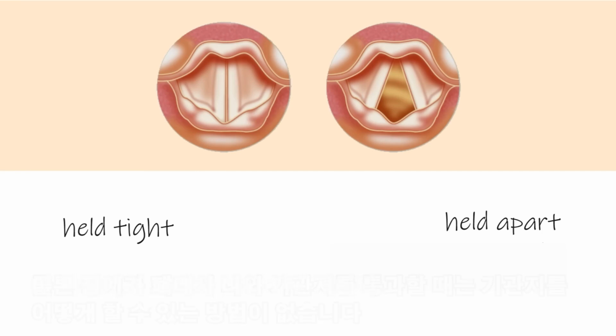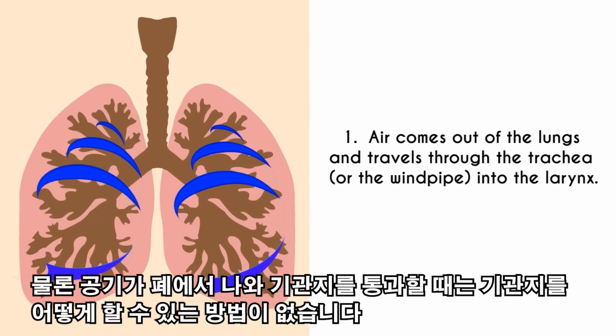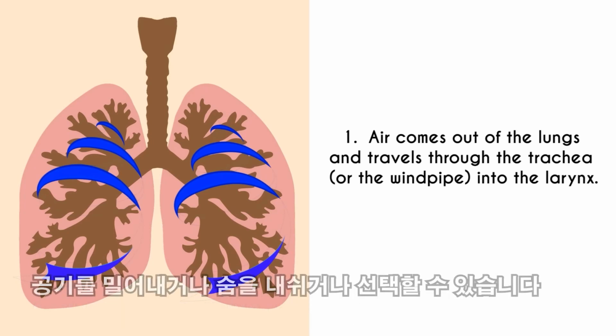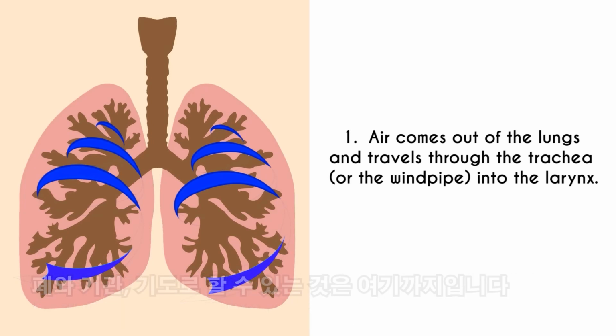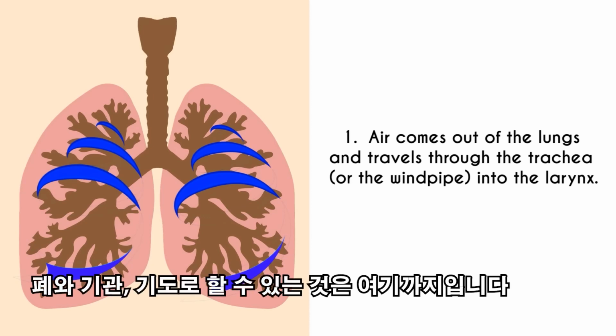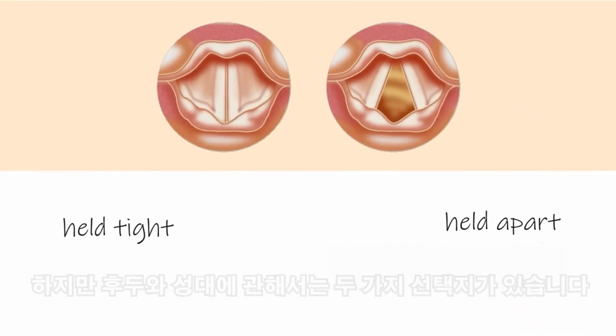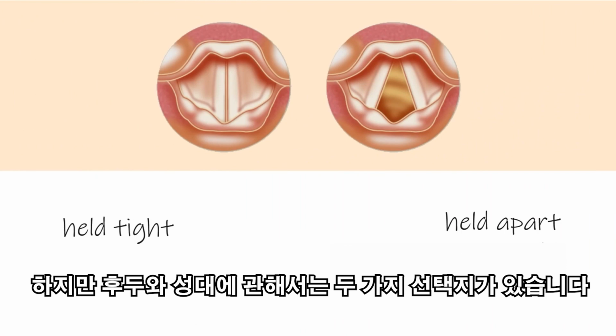Obviously, when the air comes out of your lungs and through the windpipe, there are no options. There's nothing you can do with your windpipe. You can choose to push air out, breathe out, but that's the only thing you can do with your lungs and with the windpipe or trachea. But when it comes to your larynx and the vocal folds, you have a binary choice.